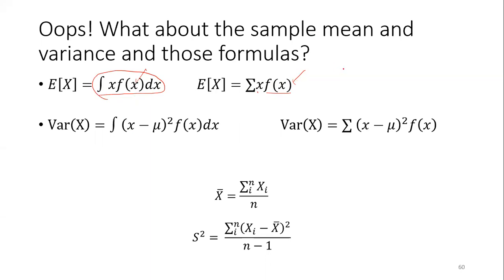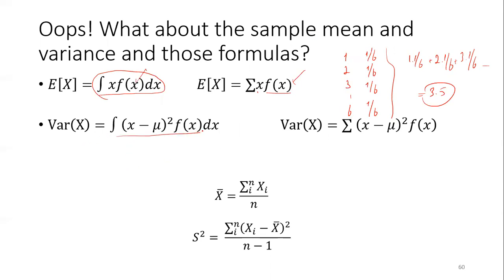You may have 1 with probability 1 over 6, 2 with probability 1 over 6, 3 with 1 over 6, up to 6 with 1 over 6. The expected value is 1 times 1 over 6 plus 2 times 1 over 6 plus 3 times 1 over 6 and so on, which is equal to 3.5. This was the expected value of the number that shows up when you toss a die.